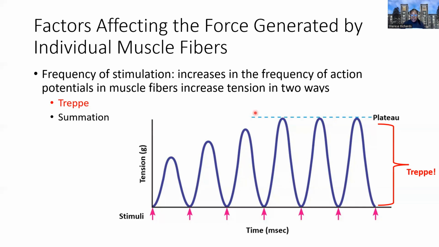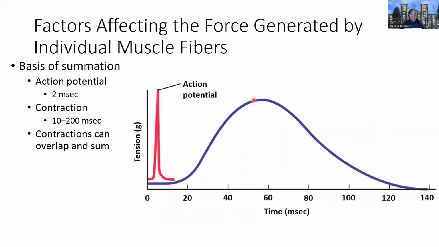Now with summation, it's easier to understand. We began looking at the length of time here. An action potential is a couple milliseconds, 1 to 2 milliseconds. A contraction can last anywhere from 10 to about 200 milliseconds.